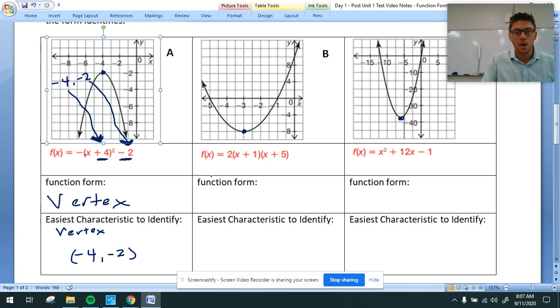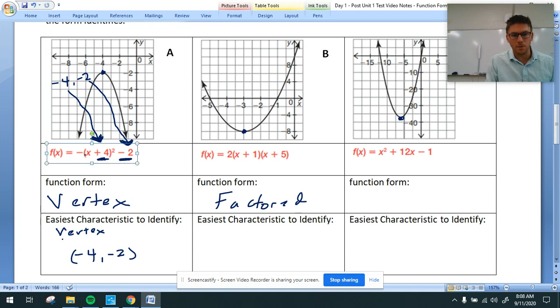Okay, the next one, function form, parenthesis, parenthesis, I know that is factored form. So with factored form, we want to look at a characteristic of our graph and also our equation to see if there's something that matches. Notice how we saw in our equation here and here found us our vertex. Well, let's try to match something else up here.